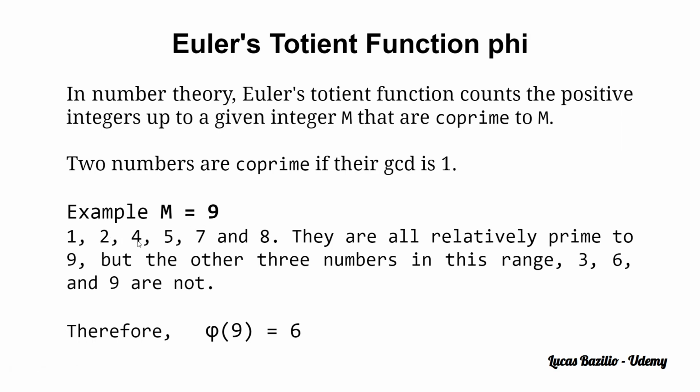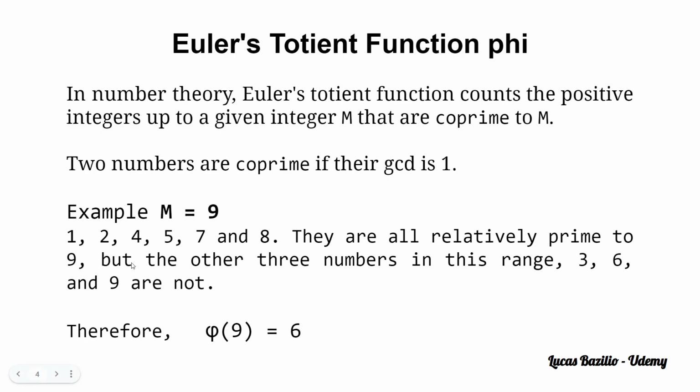In the same way, 4, 5, and 7 are all coprime to 9. Another known name for coprime is relatively prime. If you see the notation relatively prime, it means the same as coprime.